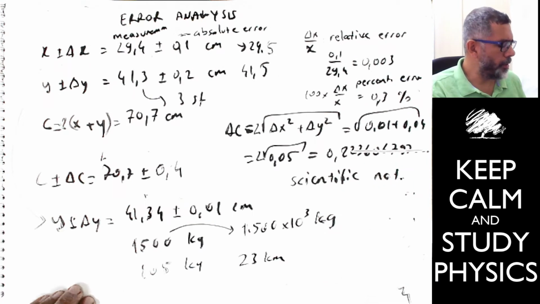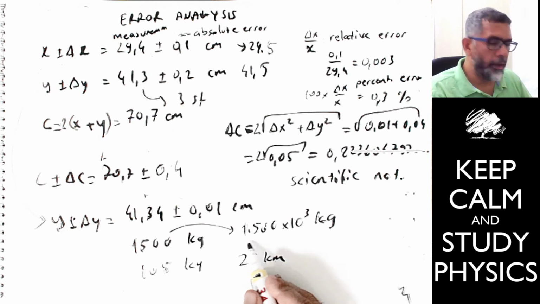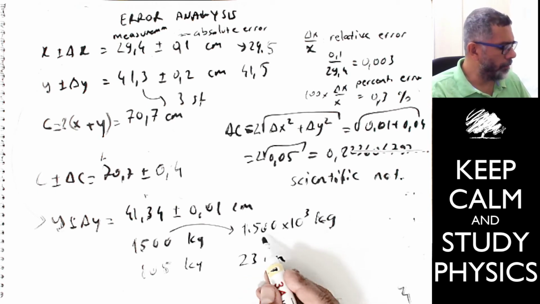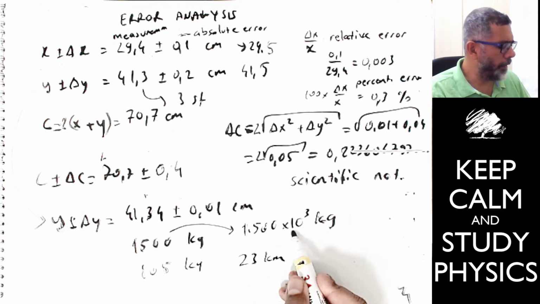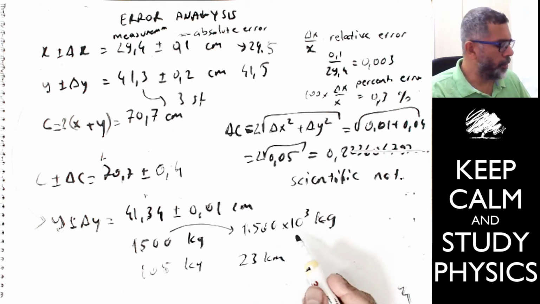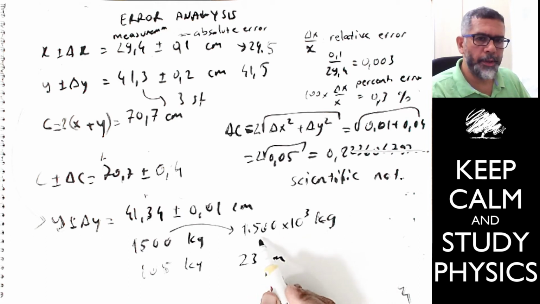Scientific notation is a way of putting your measurement values into a format which has the number part and the power part. So this is the power part and this is the number part. The number part is a number between 1 and 10.